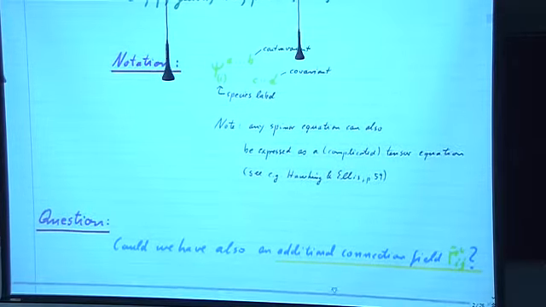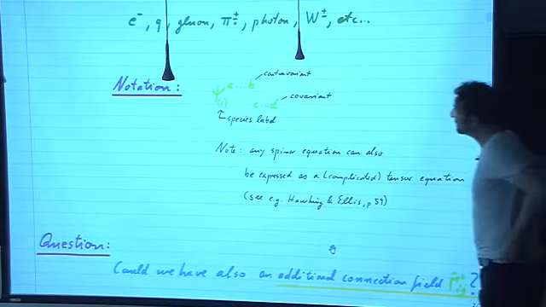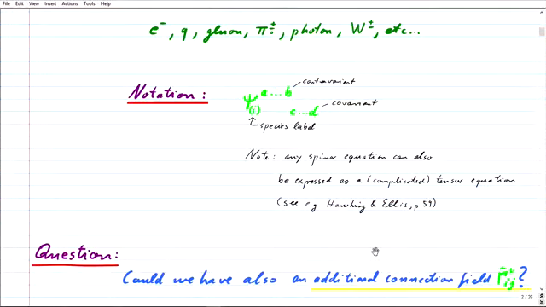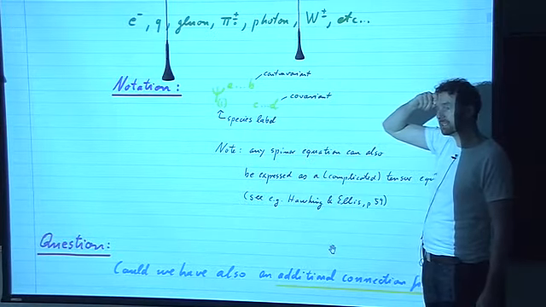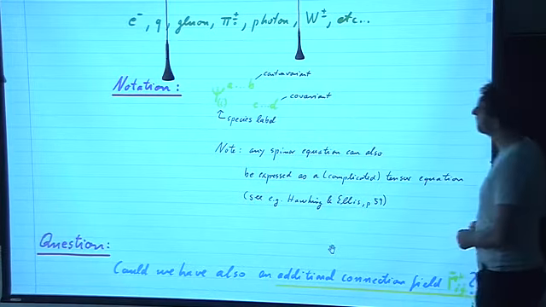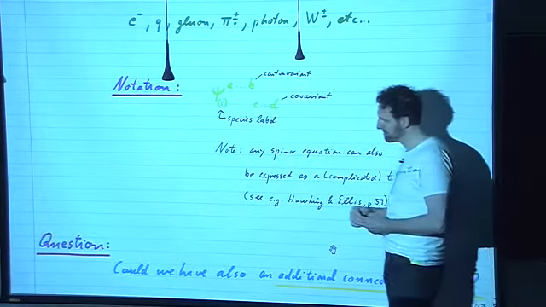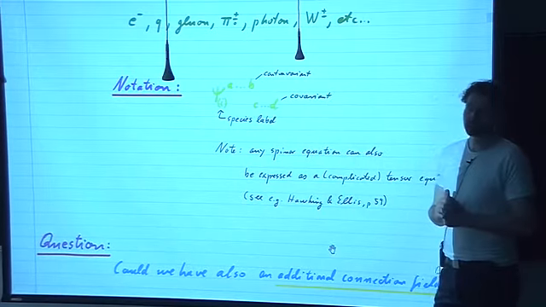Now, you may wonder, that's all fine. This allows us to describe all kinds of particles. And then we also have gravity, which is not described by a tensor. Gravity is described by the Christoffel symbols. And then you may wonder, maybe there's another force, just like gravity, out there too.